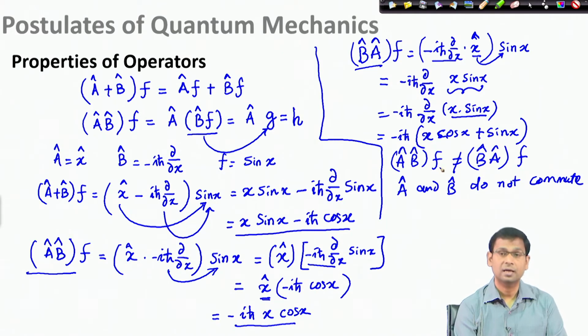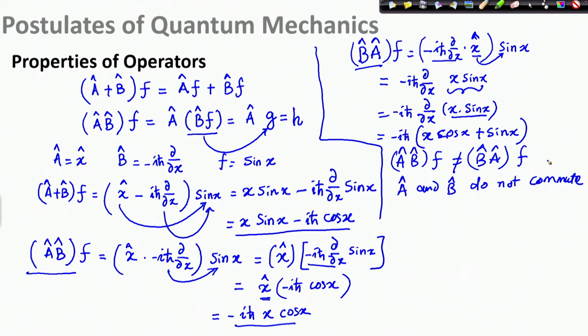If the action of operator A B on f would have been equal to the action of operator B A on f, then I would have said that the operators A and B commute. However, in the example that I showed here, the operators do not commute.